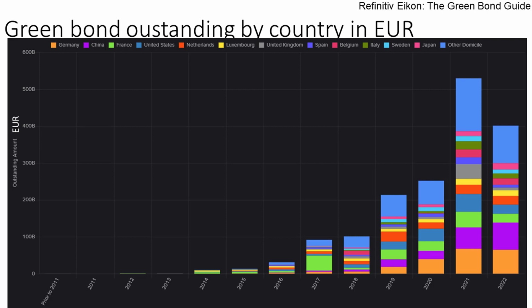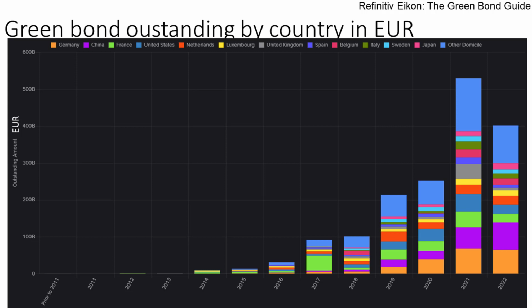First of all, today we will see everything in euro denomination, because it was easier, since most of the bonds are issued already in euros. And we can see that issuance started to ramp up only after 2014. Before that we can find something, but it would be completely useless.